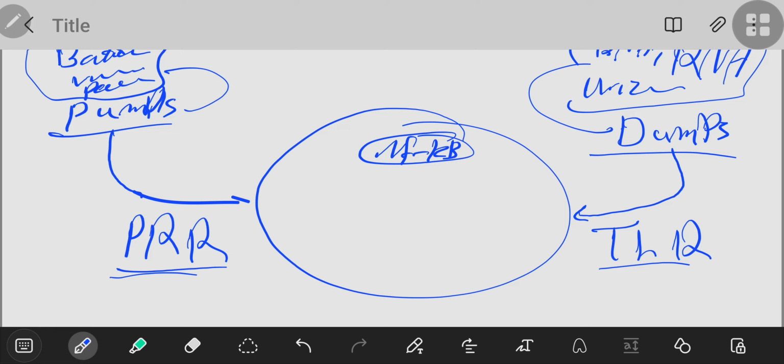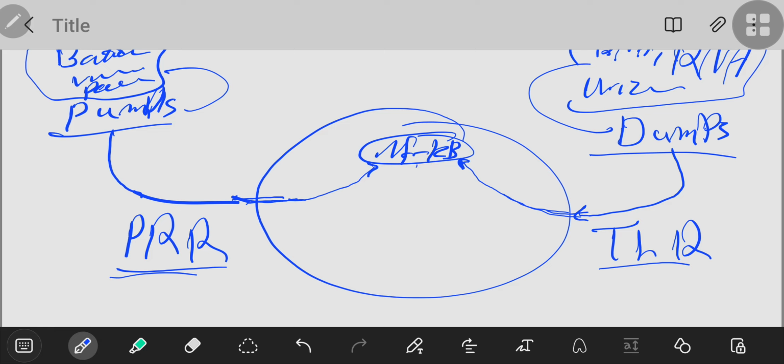The NF-κB is in every single cell, and it's in an inactive form because there is an enzyme, the NF-κB inhibitor, which inactivates it. Once the bombs or the dumps enter, they go directly to the NF-κB and activate it.